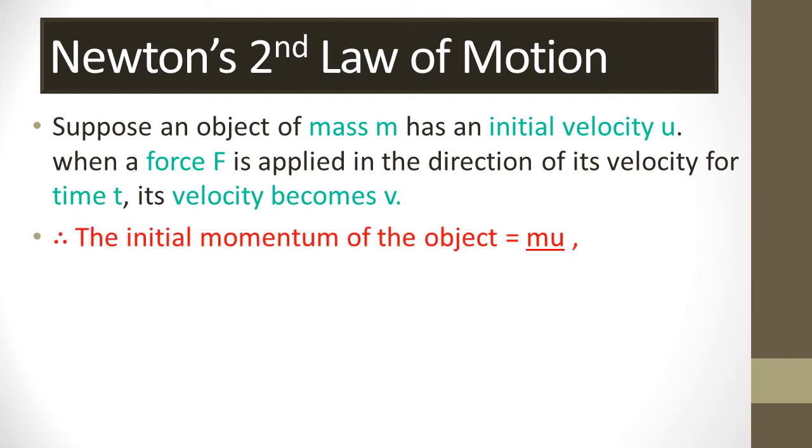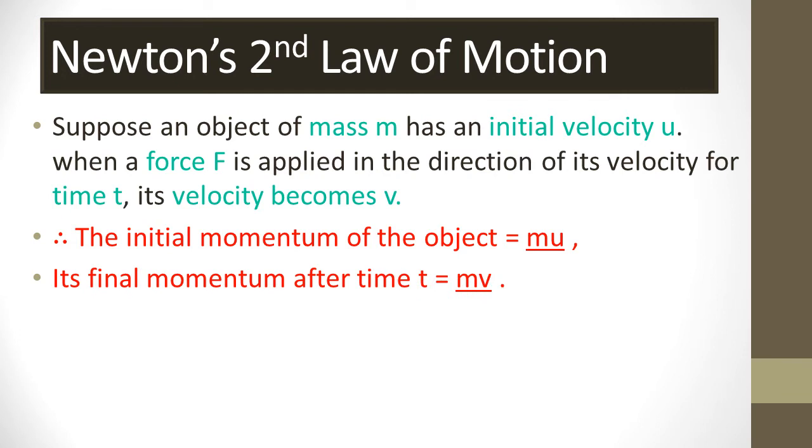Therefore the initial momentum of the object will be mu, m for mass and u for initial velocity, and its final momentum after time t will be mv. Here v is there because it is the final velocity, final momentum.